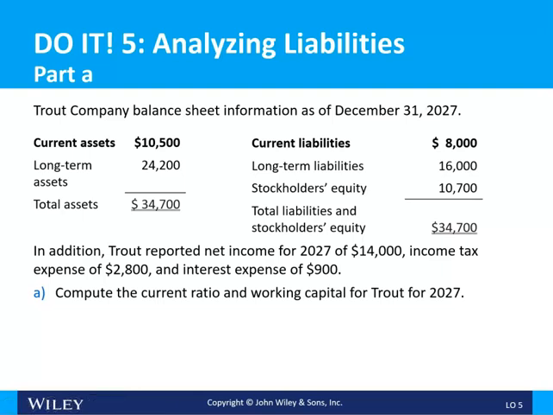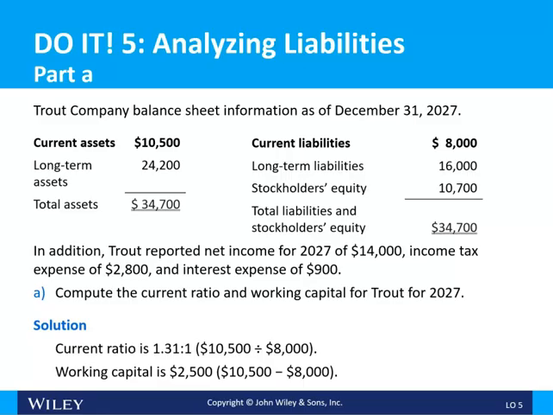Remember, the current ratio is current assets divided by current liabilities. Working capital is current assets minus current liabilities. So our current ratio is 1.31 to 1: the 10,500 current assets divided by the 8,000 current liabilities. And our working capital is 2,500: current assets of 10,500 minus $8,000 of current liabilities.